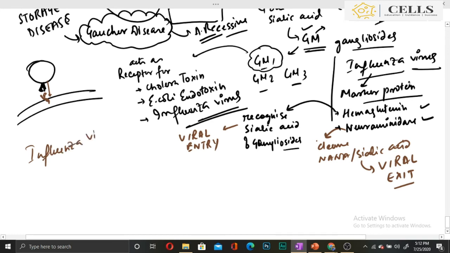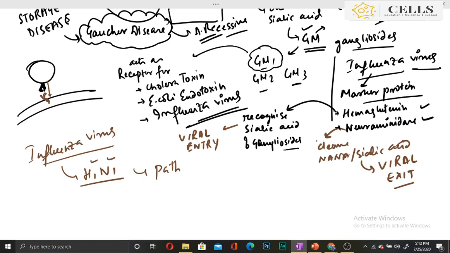Influenza virus which has the H1N1 strain, they are actually pathogenic for humans. So H1 and N1 actually recognize such kind of sialic acid which are present in our cell membranes, gangliosides. So they are pathogenic for humans.